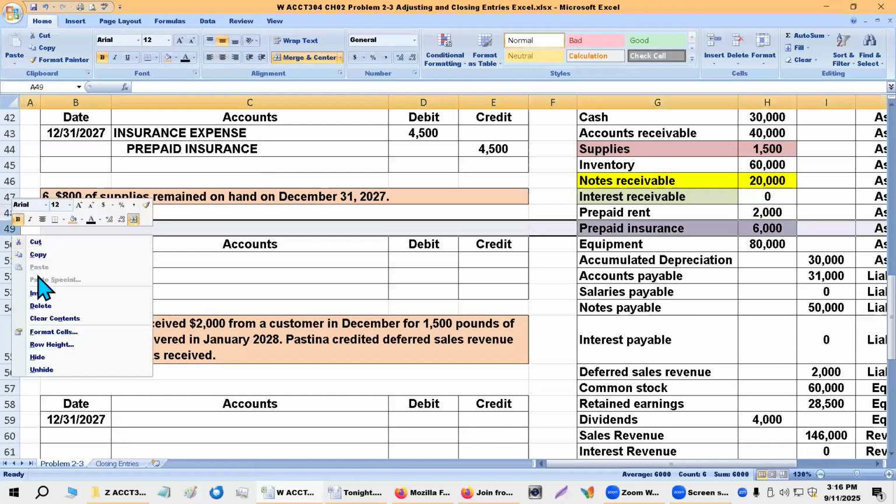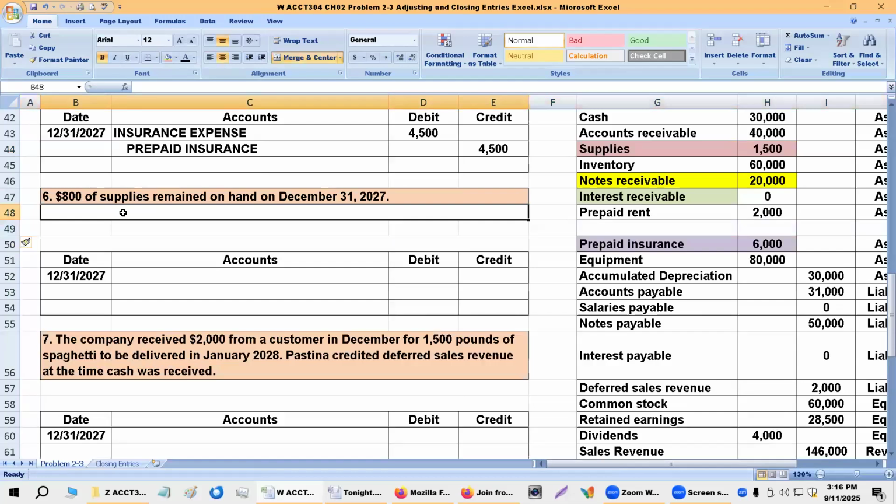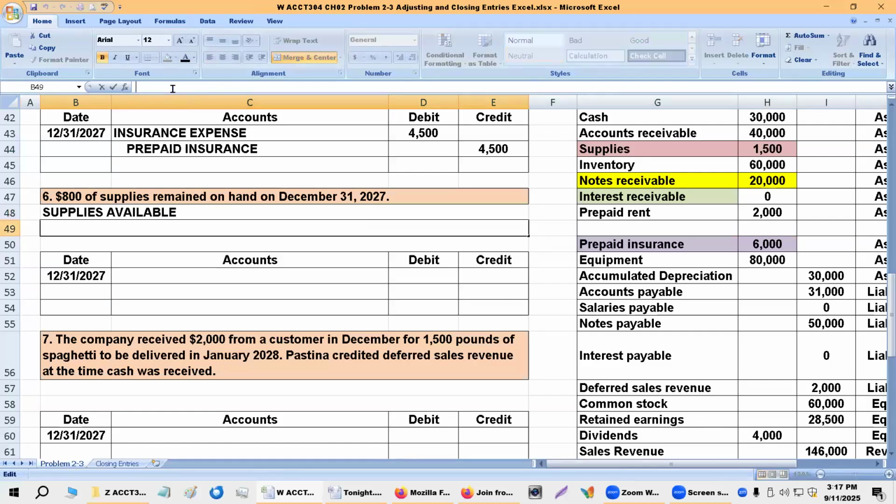I'm gonna do something here. This is how it would look on your calculations. So this is supplies available, minus your ending inventory.